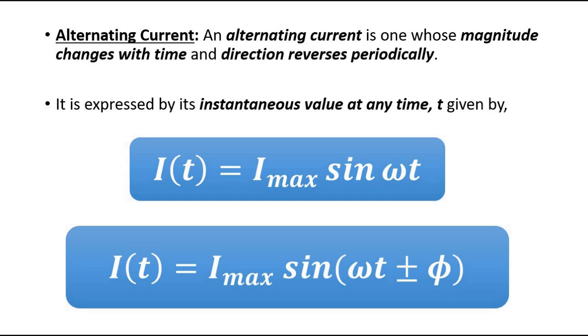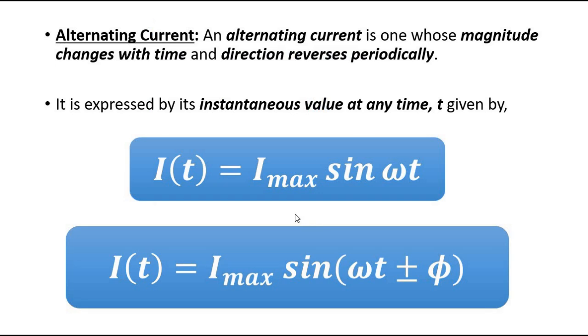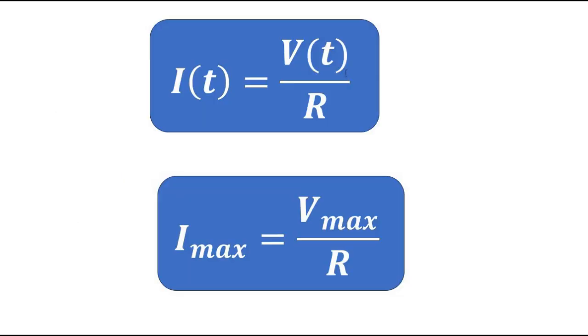Here also Ohm's law is dictated, where i(t) is equal to v(t) by R, and Imax is equal to Vmax by R. So the AC current is also represented by the sinusoidal relationship. Okay, simple Ohm's law relationship.